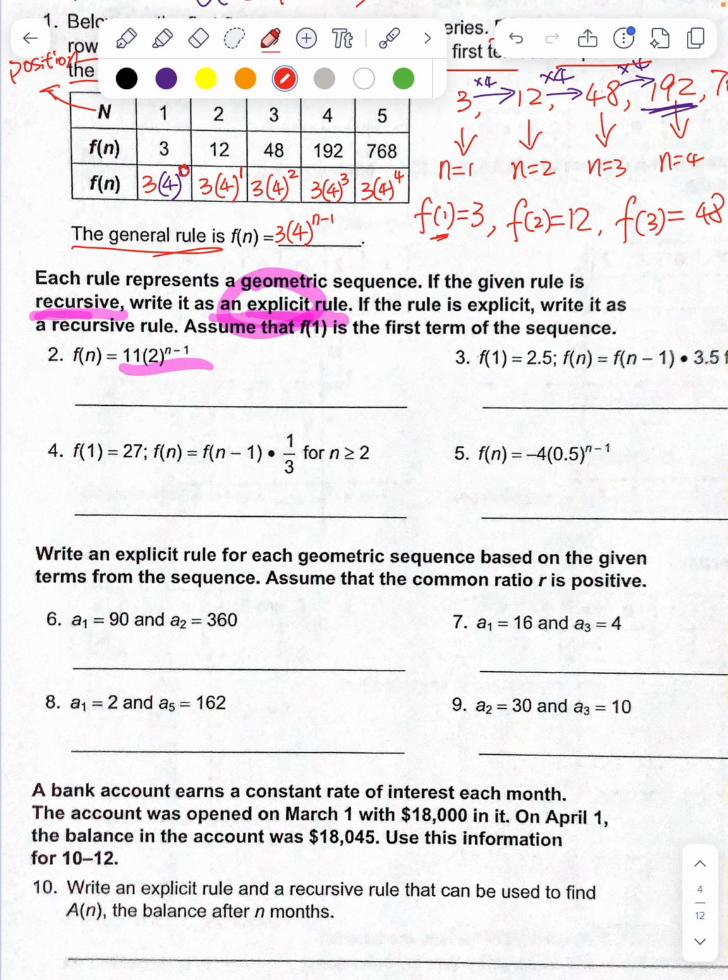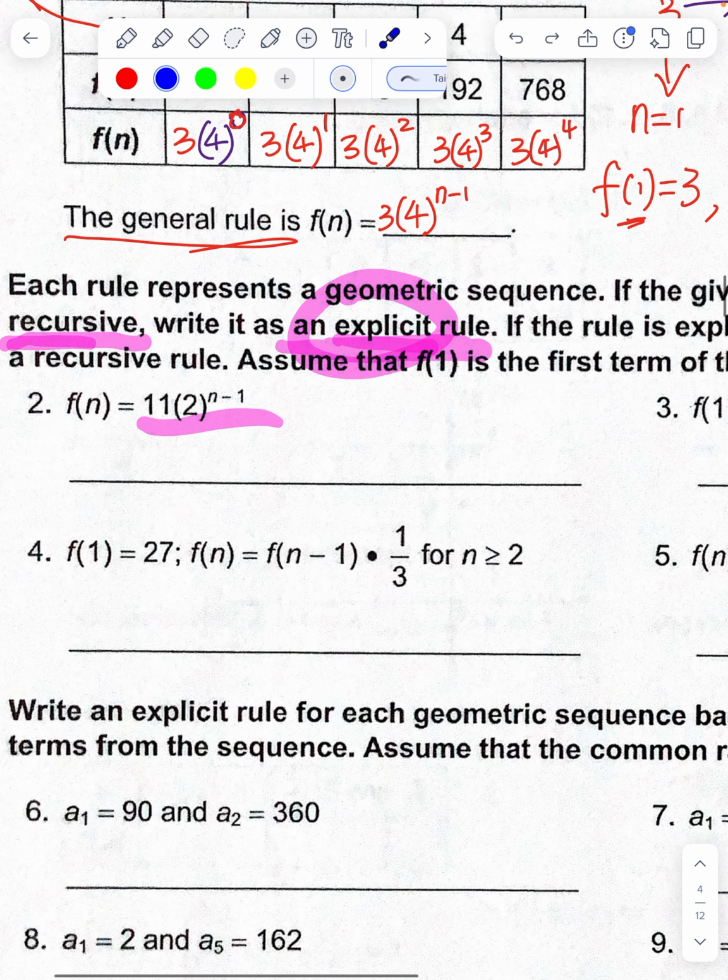This rule we just did for the first question is an explicit rule. The recursive rule is you always have to write out the first term. So this is the explicit rule.